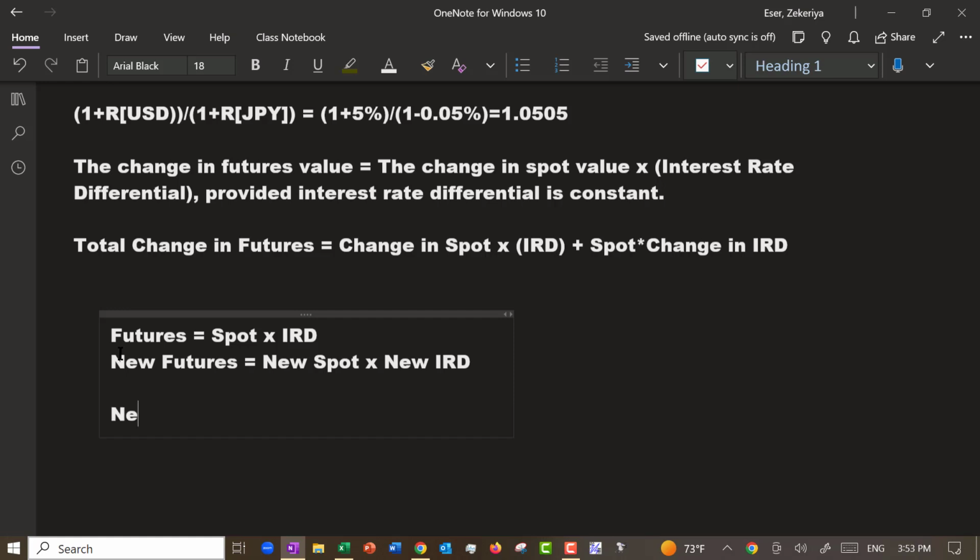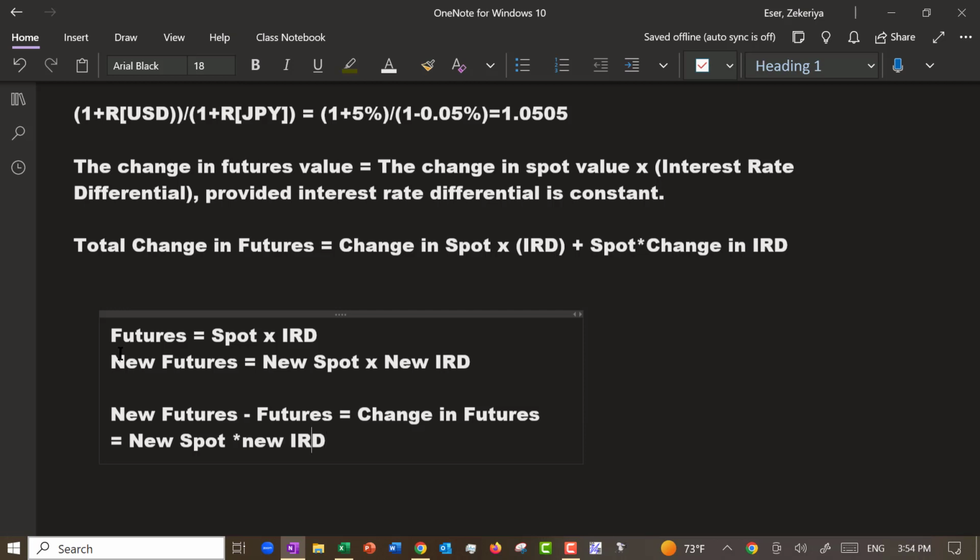So new futures minus futures, which is equal to change in futures, equals new spot times new IRD minus spot times IRD. Spot and IRD are values now.